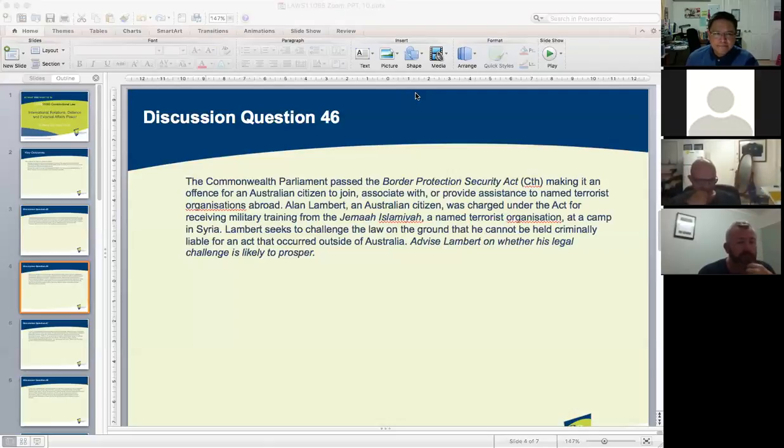So I saw the issue is, under the Defence and External Affairs powers in the Constitution, can the Commonwealth make legislation regarding national security that applies extraterritorially? Okay. Yes. I just wanted to say that that's quite specific.